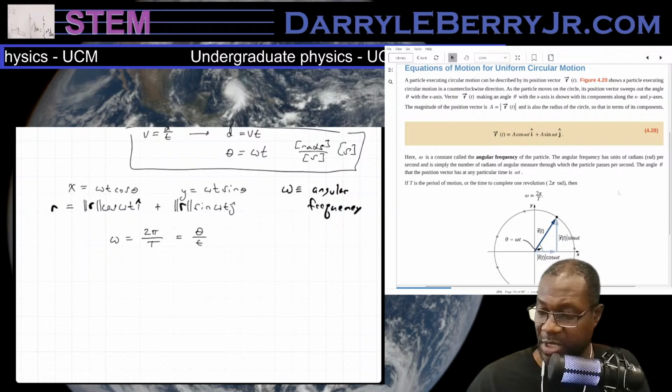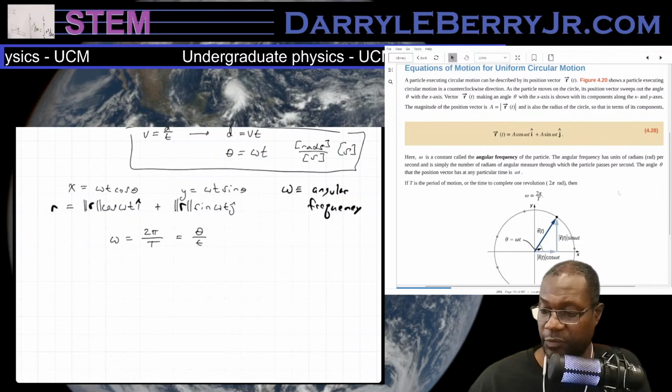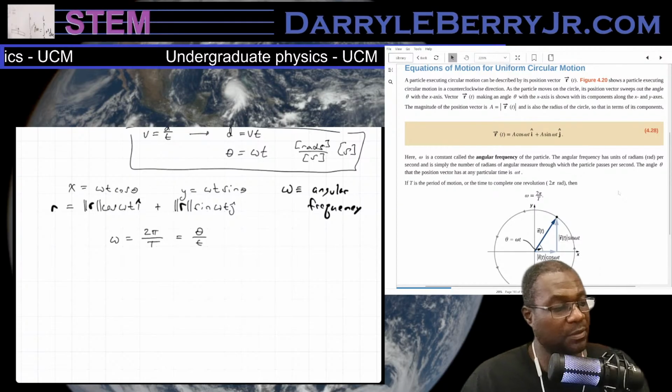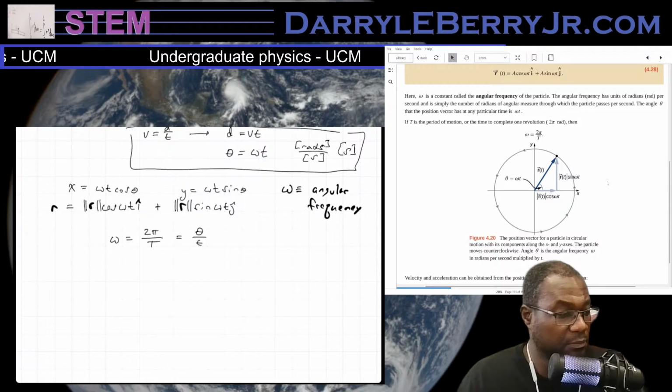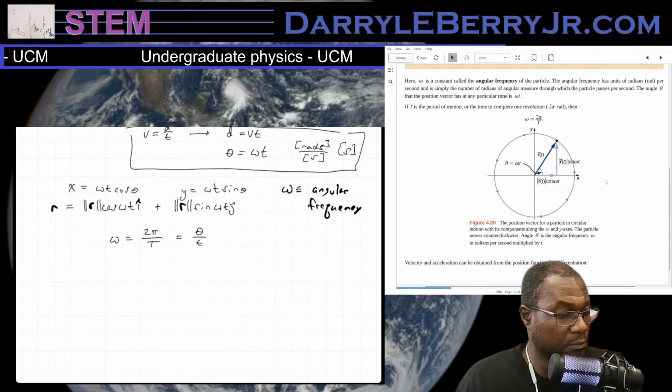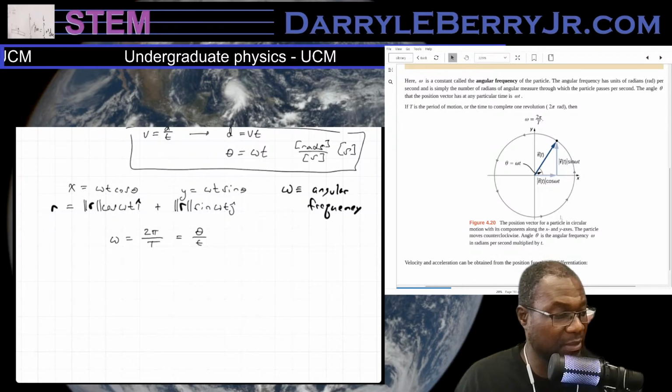How much theta over how much time? 2 pi radians over the amount of time it takes to cover 2 pi radians. Angle theta is the angular frequency omega in radians per second multiplied by t.